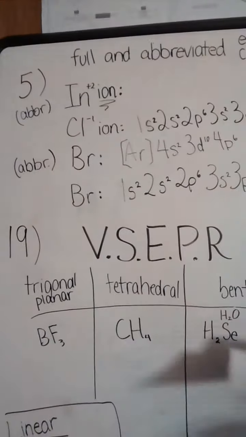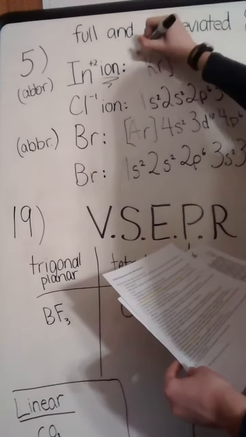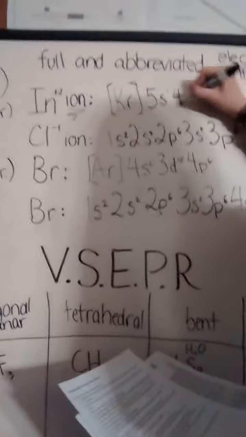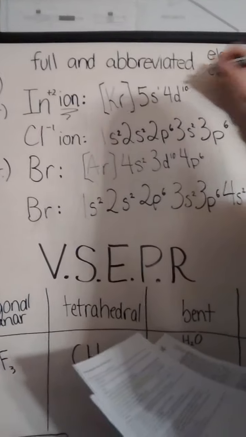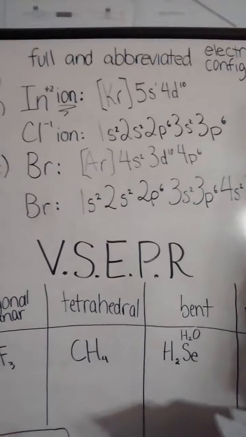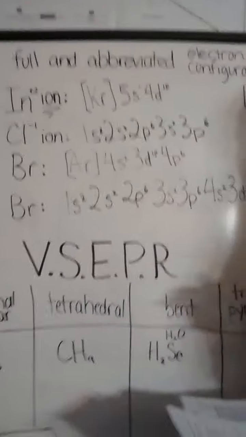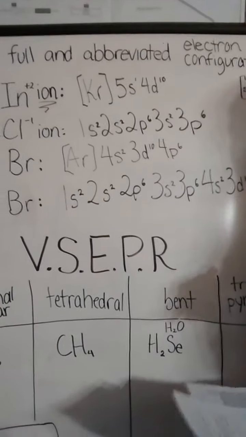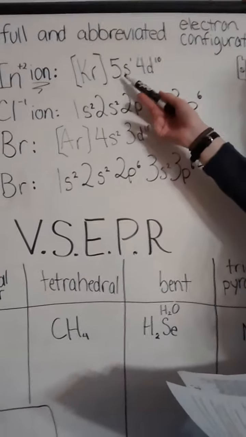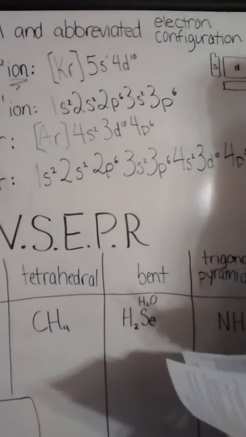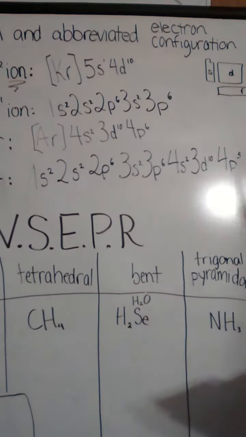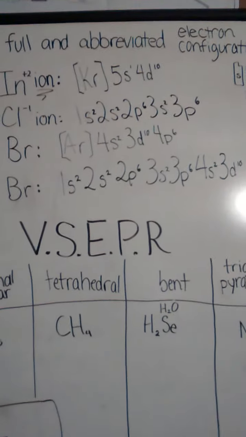But watch where I'm going to take it away. I took it away from the P and the S. So the 4d10 just stays the same. It stays 10. But I took one electron away from the 5s and one electron away from the P. So that's how we write the electron configurations.